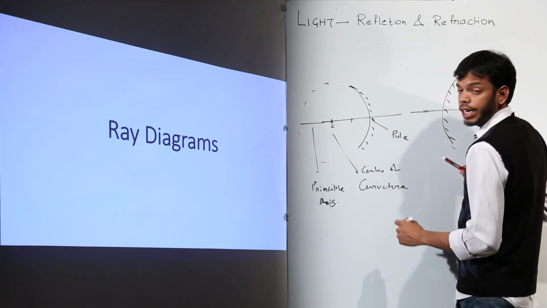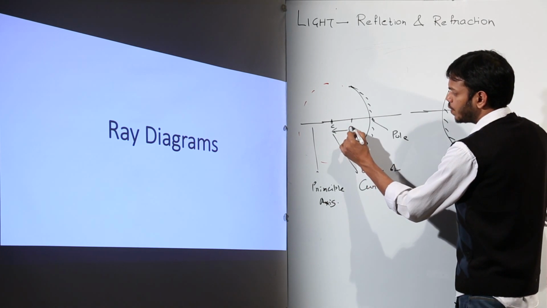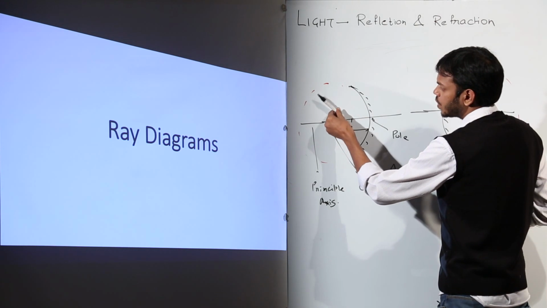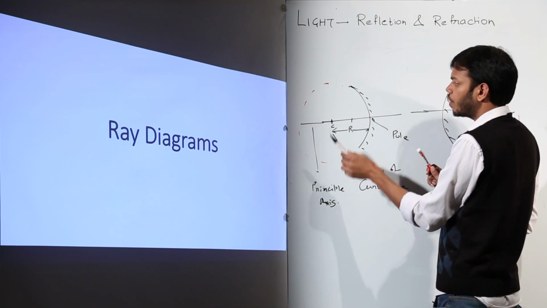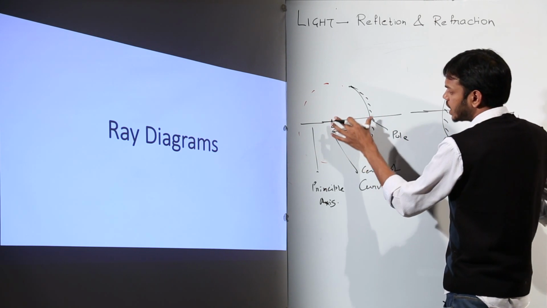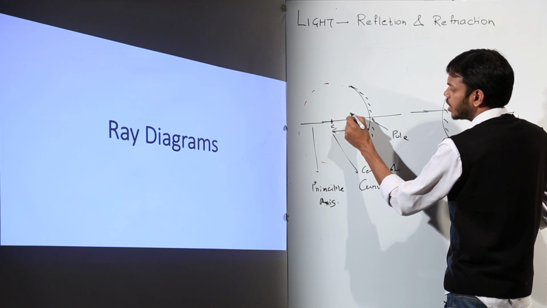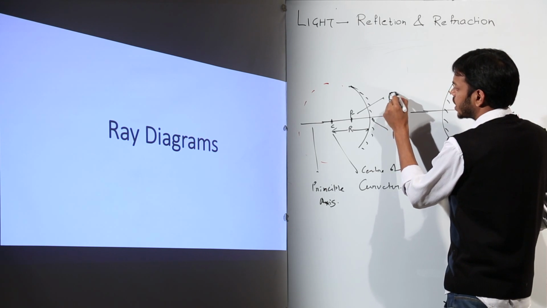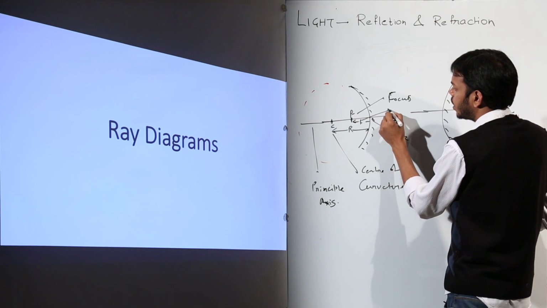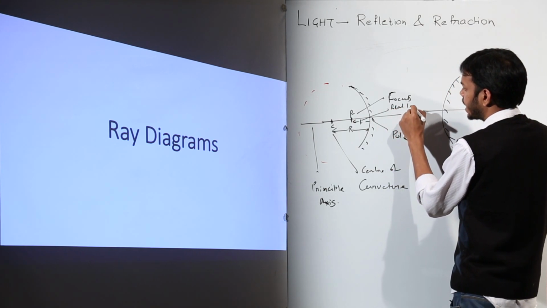If this point is the center of curvature, this distance would be the radius of curvature, because on this radius this whole spherical thing was made, and out of this whole spherical thing this mirror was carved out, right? So half of the radius of curvature is called the focus. This much distance would be called the focal length.